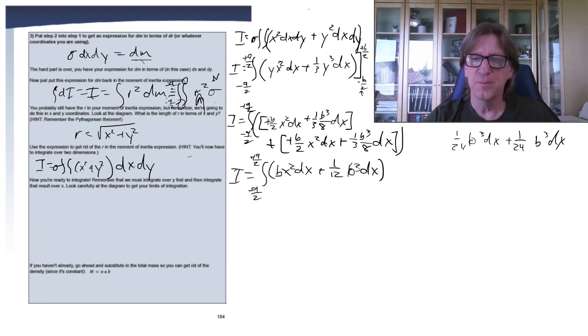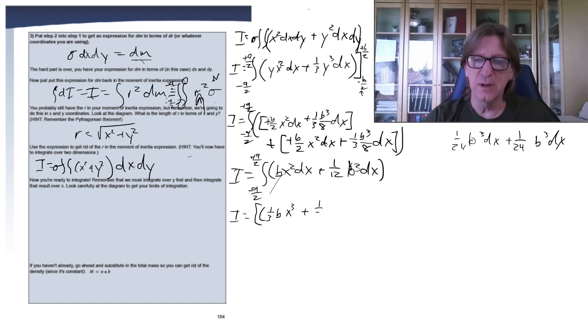There we go. All right, so now we're ready to integrate with respect to x. And if you don't follow what we've done here, go back through, pause it, rewind, make sure that you're seeing what we're doing. All right, so I need to integrate with respect to x now. And so I get I is, this first term is going to be my x squared integrated, that is going to be a 1/3 b x cubed plus, there is no x term here, so the integral of dx is going to be x.